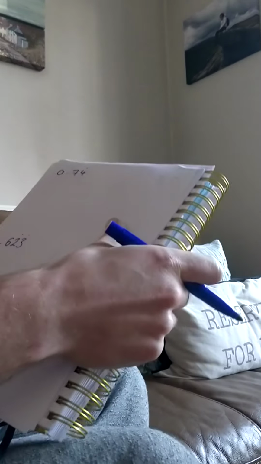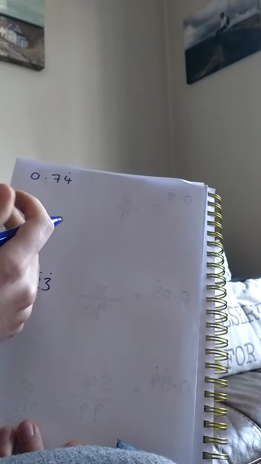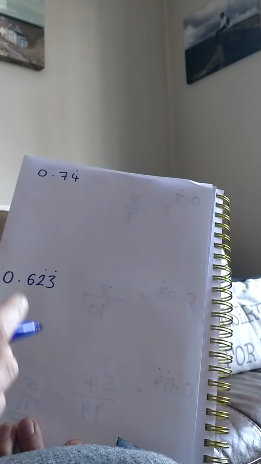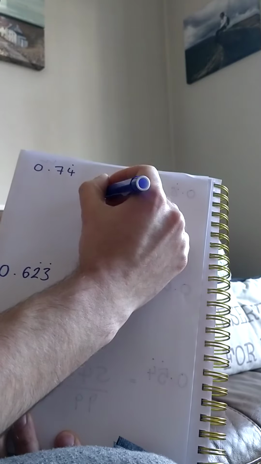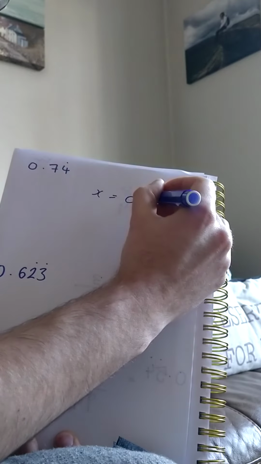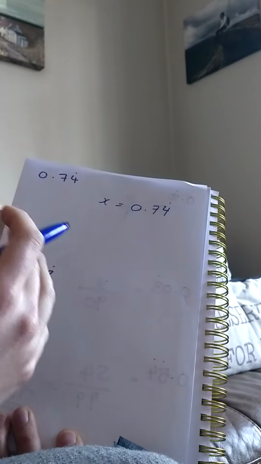If you're on the second recurring decimals task, you have other bits and pieces that look a little bit like this. Now this is a little bit trickier, and this is where you have to use a bit of algebra as well. So in this instance, we make x equal to 0.74 with the 4 recurring.